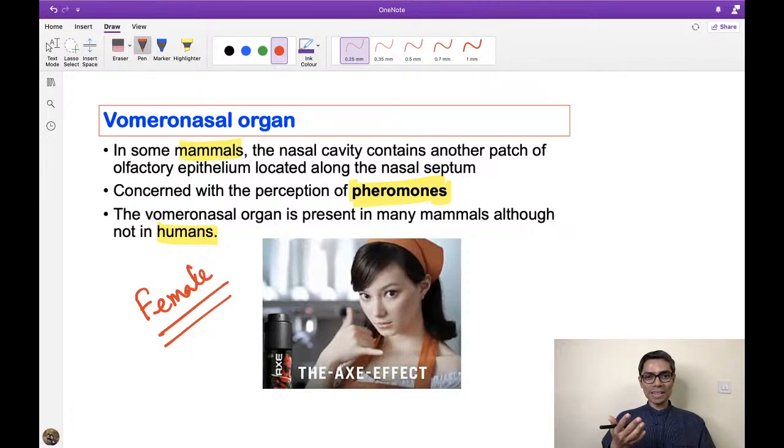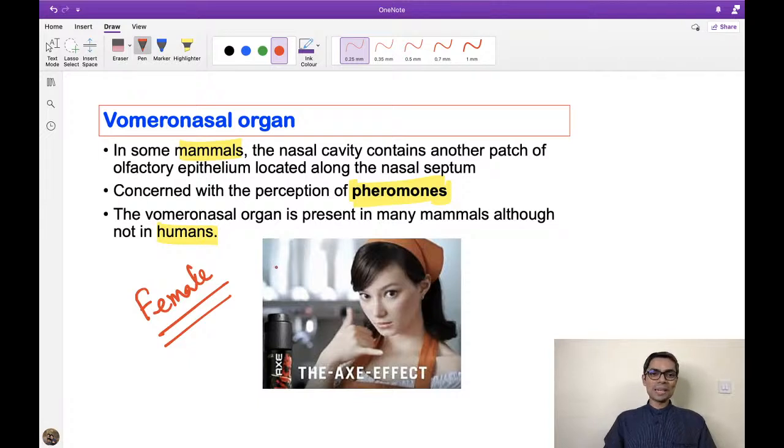Why this kind of advertisement? Because females can perceive the sense of smell more acutely than males, and the perception of smell in female subjects is stronger at the time of ovulation. At the time of ovulation, the perception of smell is stronger in females, right?